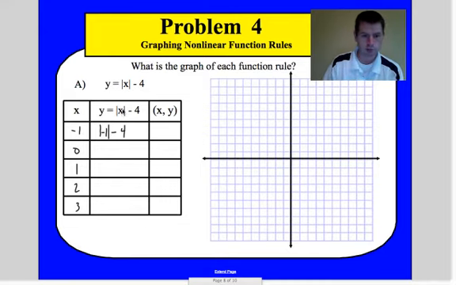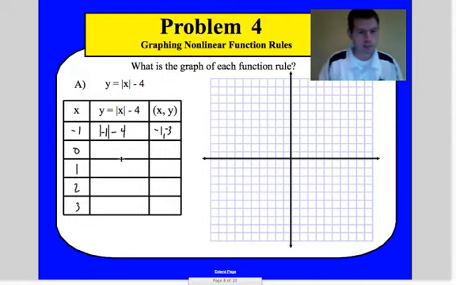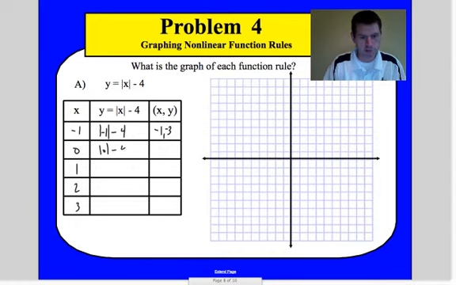So I'm taking -1, plugging in for the x. Absolute value, that's what these are. Absolute value of -1 is 1. 1 minus 4 is -3. So I know I have (-1, -3). If I plug in 0, absolute value of 0 is still 0. Minus 4 gives me (0, -4).